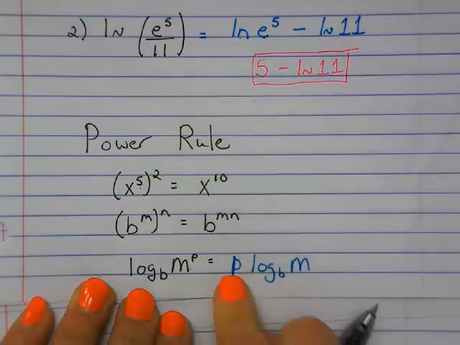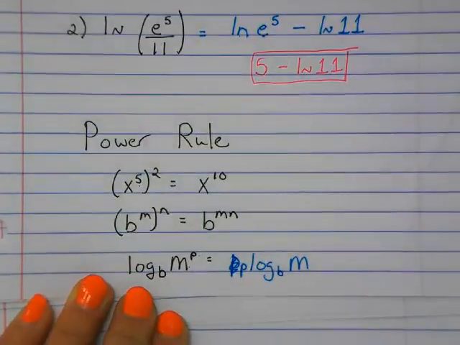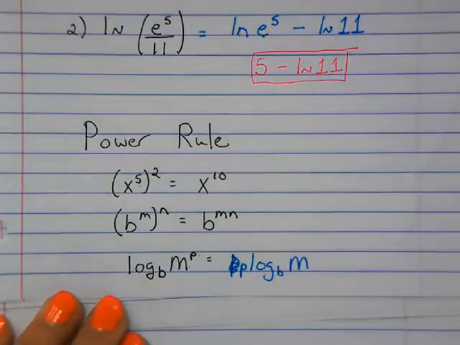I don't know why I wrote that p so big. How about that? That looks a little bit better. Alright, we're going to practice the power rule, and then we're going to try to put it all together.